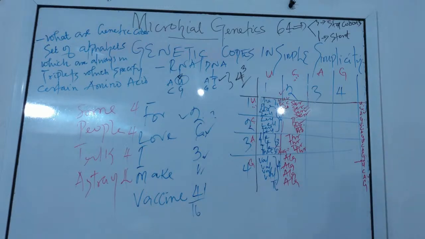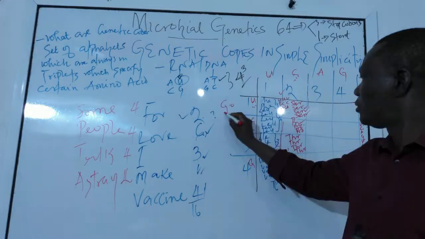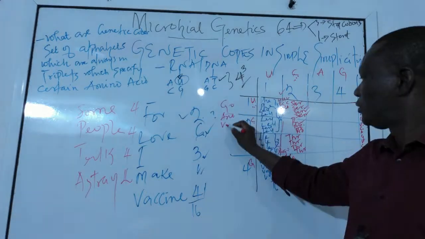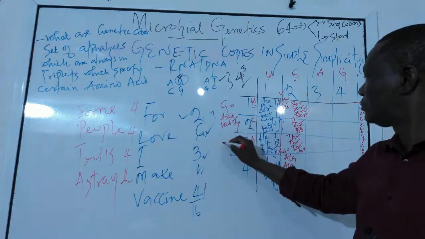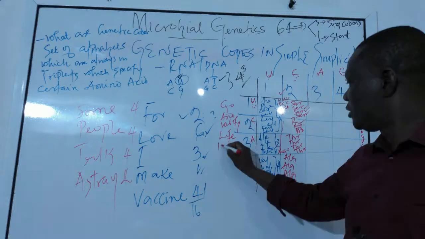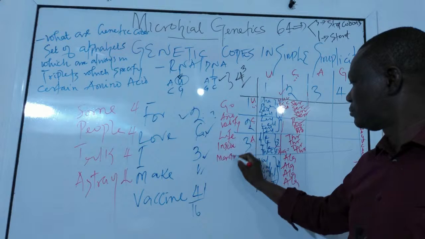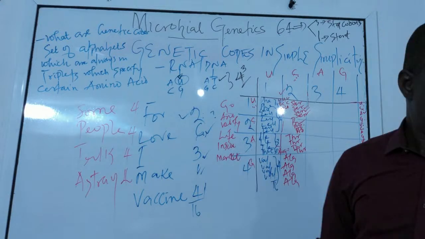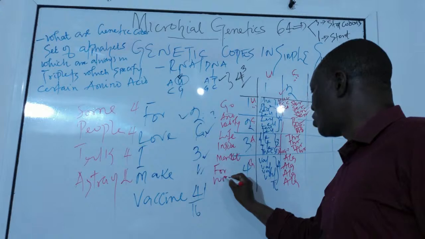So the third column will be a combination of these words, which is: go and verify live inside markets for work permits.